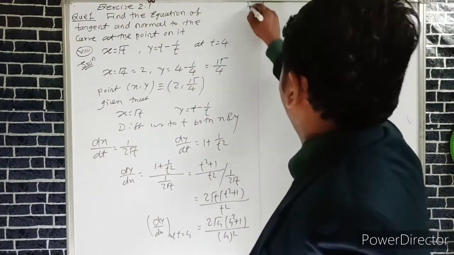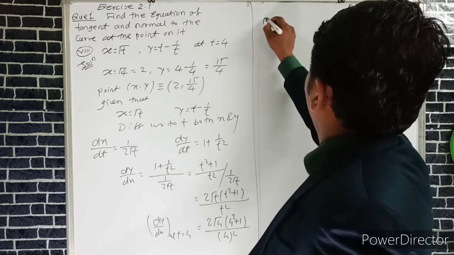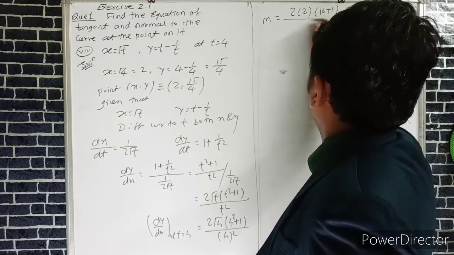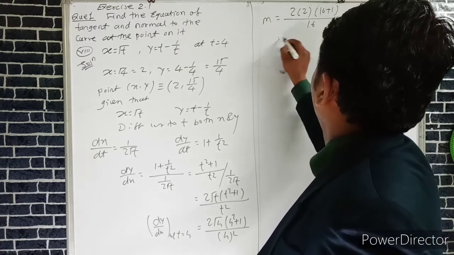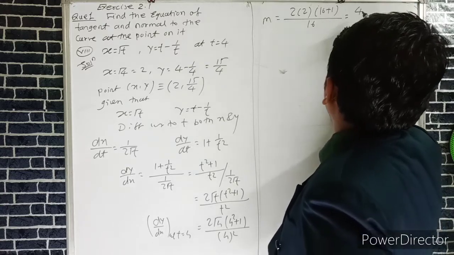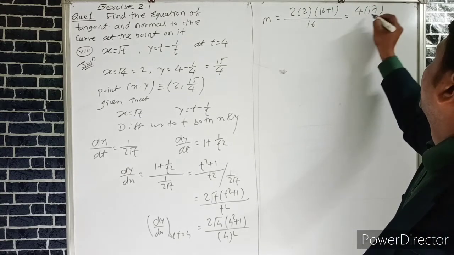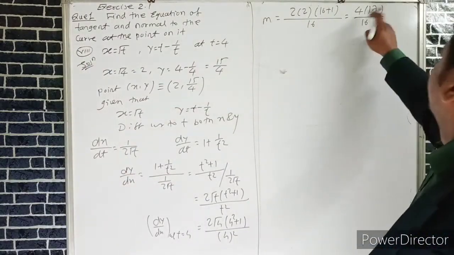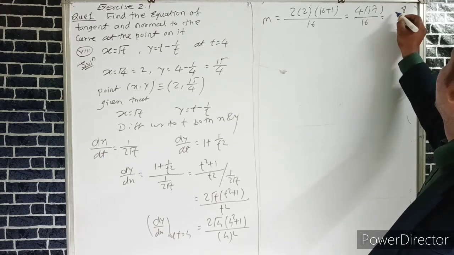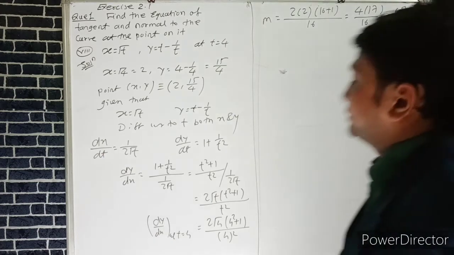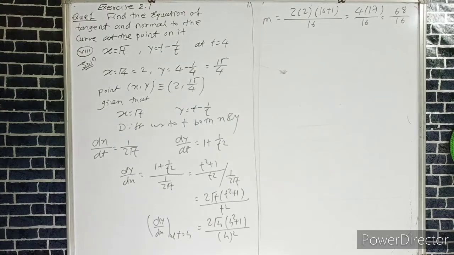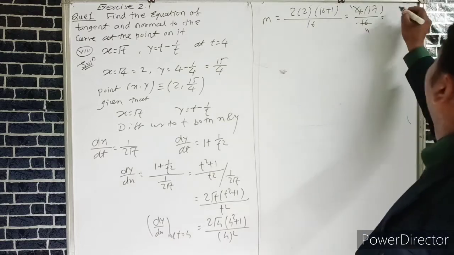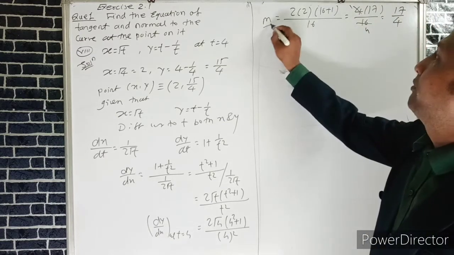Hence we can write slope m is equal to 2 into 2, into (16 plus 1) upon 16, which is 4 into 17 upon 16, or simply 17 upon 4, which is the slope of the tangent.